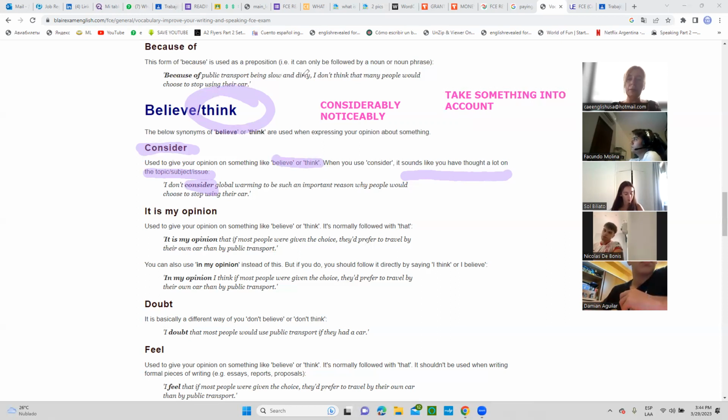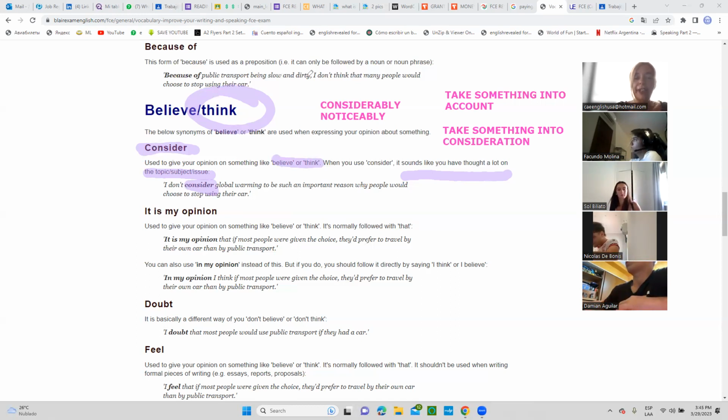And another option would be take something into consideration. They are the same. In Spanish, what would be the meaning in Spanish? Tener en cuenta. Yeah, good. So both are the same, to take something into account or to take something into consideration. Okay, tener en cuenta. Great.